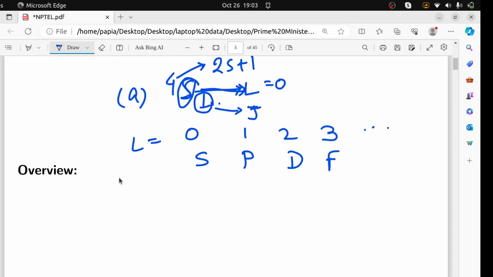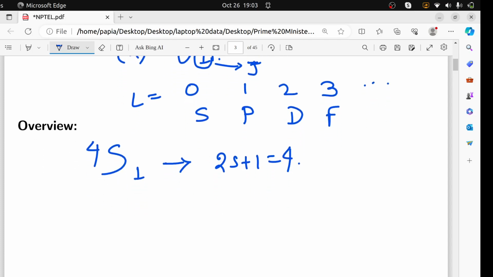Now we will check whether it is giving the correct configuration for LS coupling or not. For 4S1, 2S plus 1 is 4, so the multiplicity is 4. From that I can get the value of S, the spin quantum number. S is 3/2, because it is 4 minus 1 divided by 2.